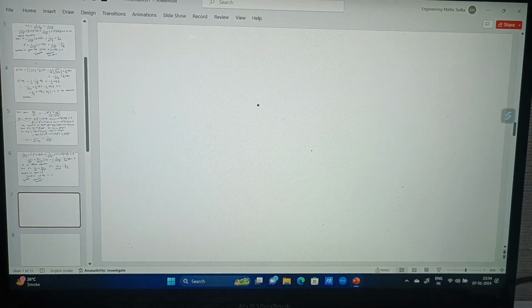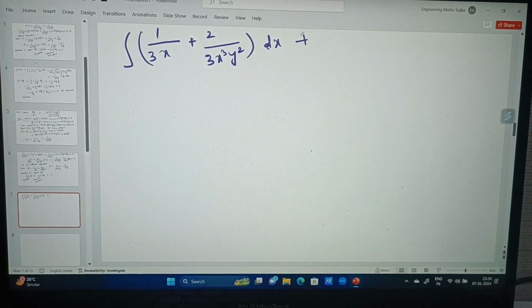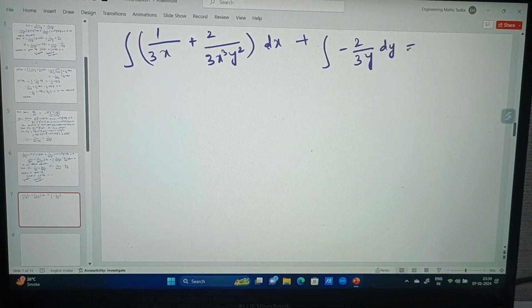After writing the formula you will be writing integral M dash dx: integration of 1 by 3x plus 2 by 3x cube into y square into dx. In N dash you have to consider only one term, because the first term 2 by 3x square y cube is not free from x, so plus integral of minus 2 by 3y into dy is equal to c.